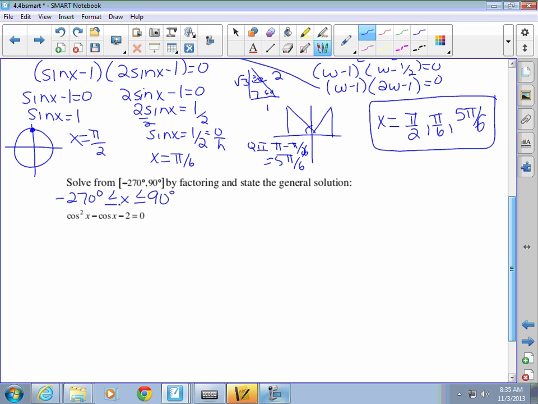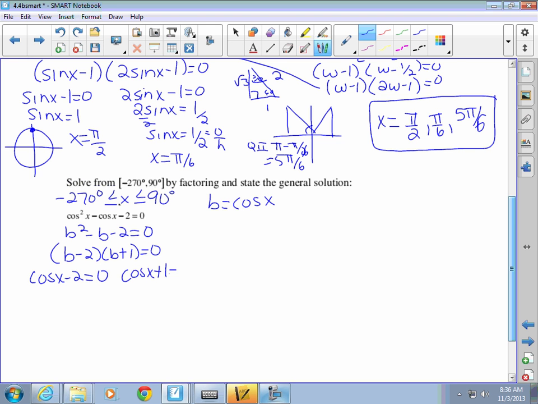Okay, so cos squared x minus cos x minus 2. So I'm going to let b equal cos x. So I have b squared minus b minus 2 is equal to 0. So this is just product and sum solving, b minus 2 and b plus 1. So I have cos x minus 2 is equal to 0, and cos x plus 1 is equal to 0.